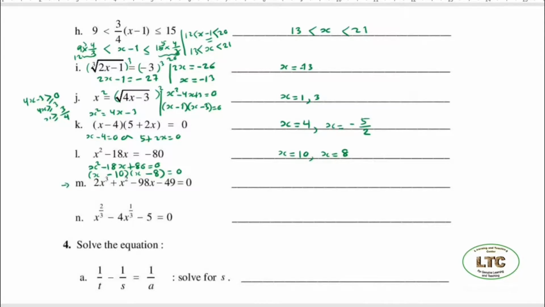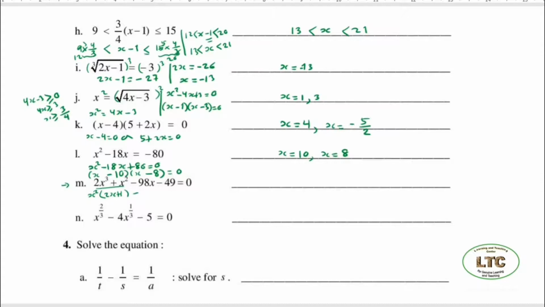Factorize the left hand side. This is not a trinomial, so it is a mixed type, but you can guess how to do it. Here x to the power 3 and x to the power 2. If you consider these two together, you take out x squared, and 2x plus 1 is left.